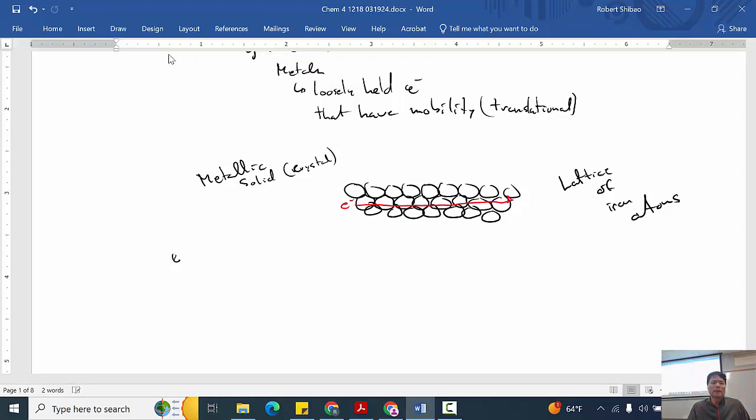But electrical conductivity depends on three things. That is, the flow of electrons, which is the electrical conductivity, is going to depend on three things: mu, n, and z.